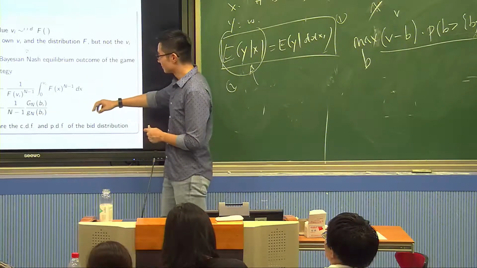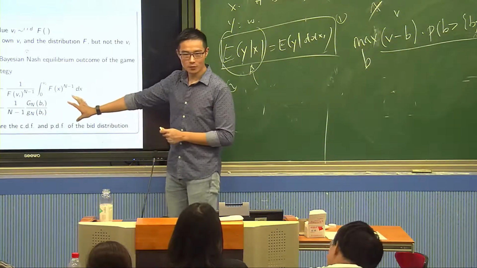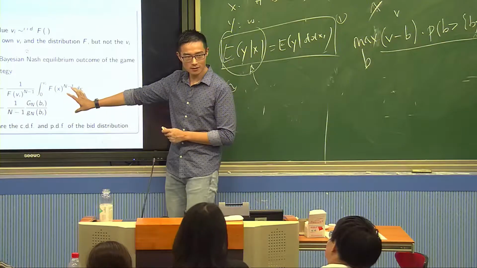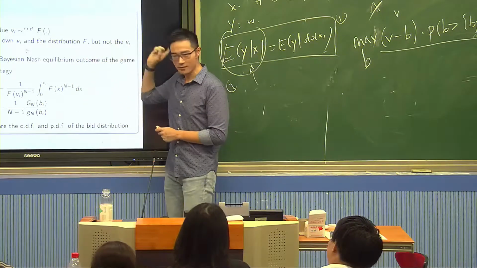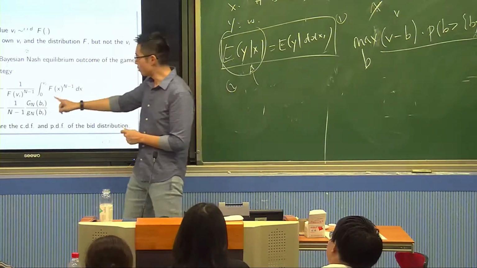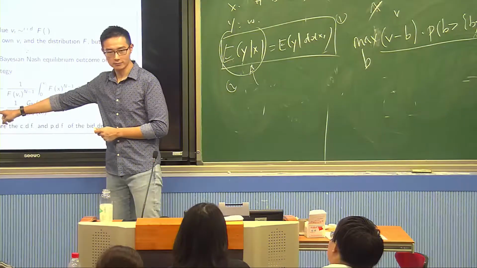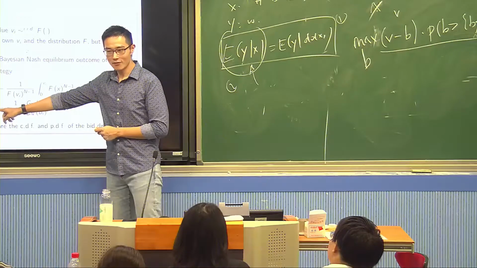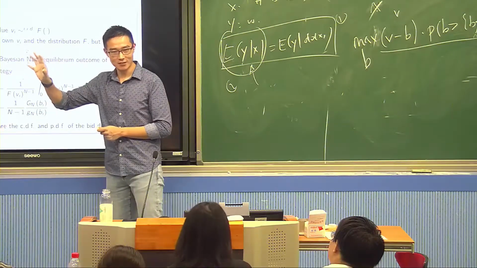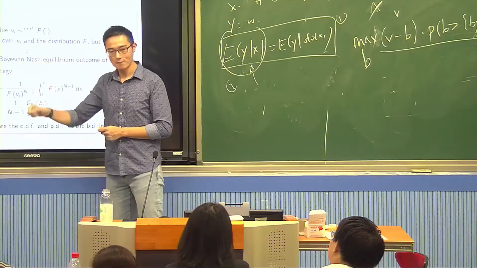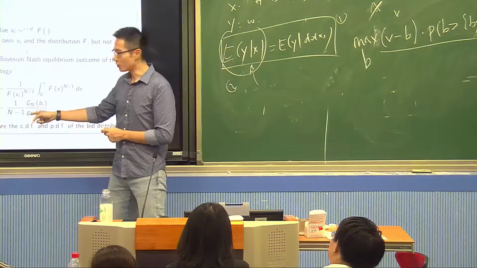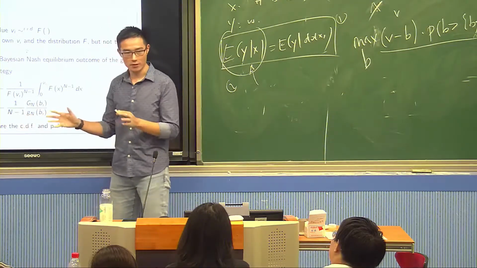Now, if you look at this formula, what immediately tells you is that if you truly believe in this theory, then when you observe people's bids, you can deduce their private value. Now, the private value V is never observed. You never know that. You only see people's bids. But this formula tells me that the relation between B and V is very simple.